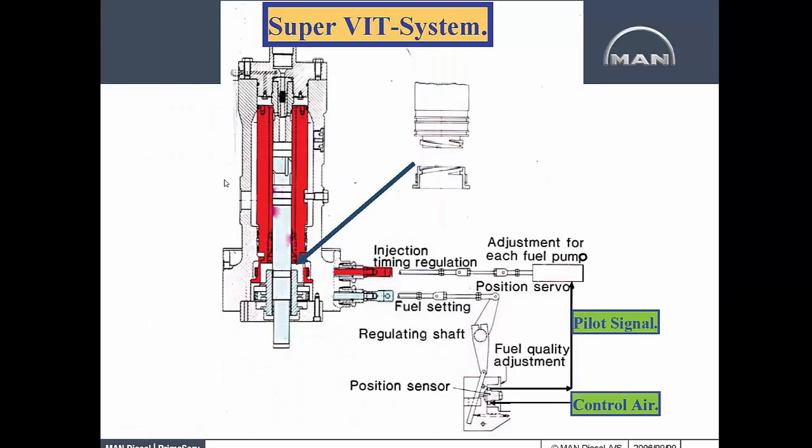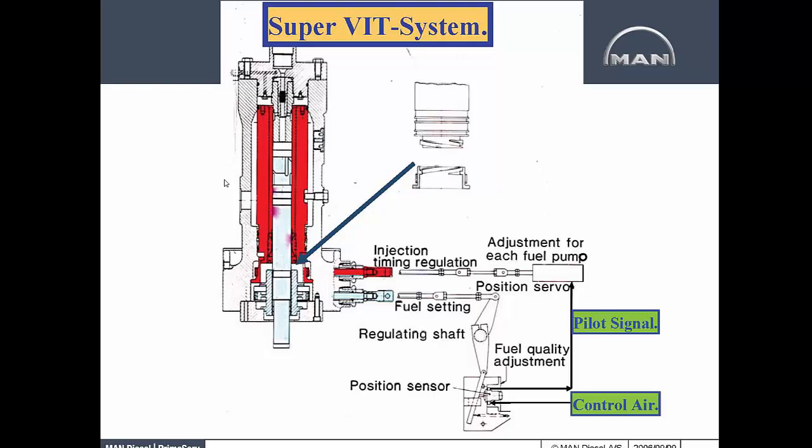So on the variable injection timing, there's a little bit better drawing here, and you can see on the bottom of that barrel that very aggressive thread, and then your control sleeve. So that control sleeve threads onto the bottom of the barrel, and then you have a pneumatic piston that moves the rack back and forth to rotate or lower that pump barrel.